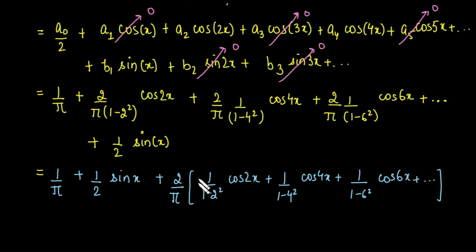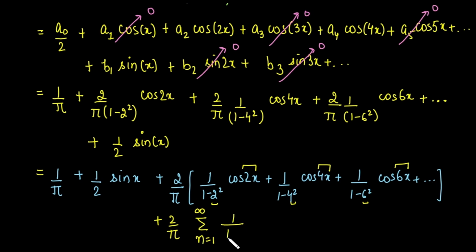Now we can write this in the form of summation. In this case, we have cos of 2x, cos of 4x, then cos of 6x, and then cos of 8x. And here we have 2, 4, 6. These numbers are even. So this can be written as summation, n starts from 1 to infinity because infinite terms are there.